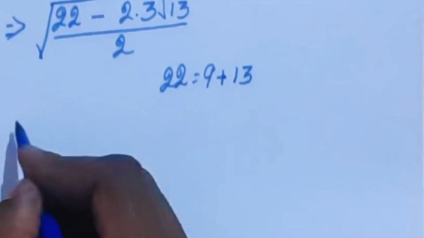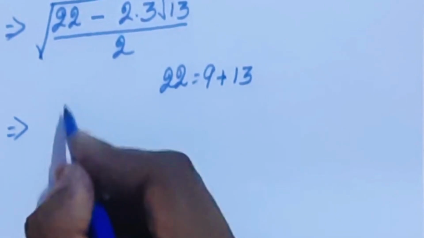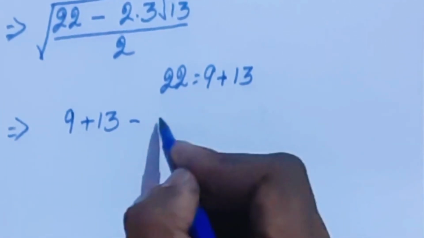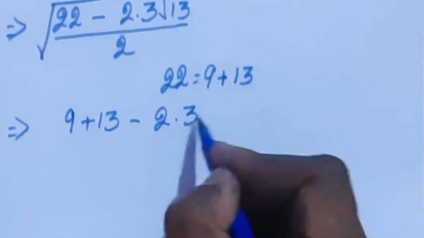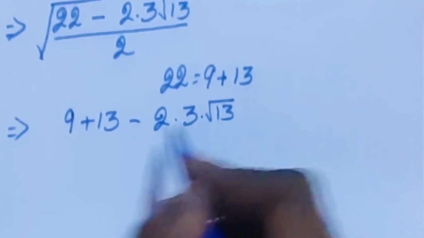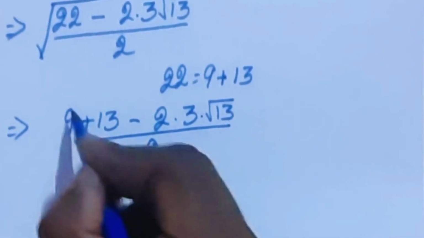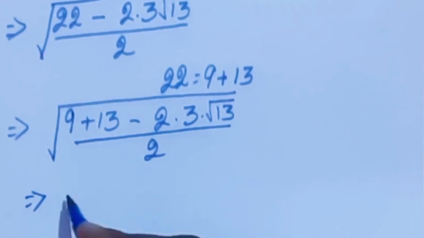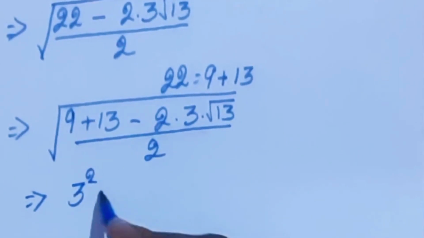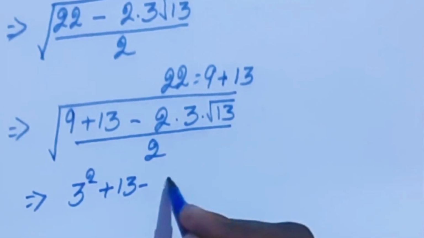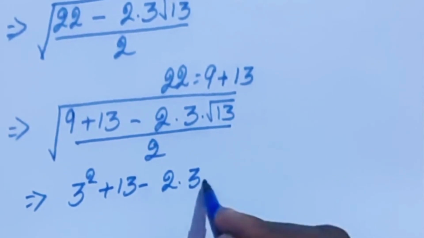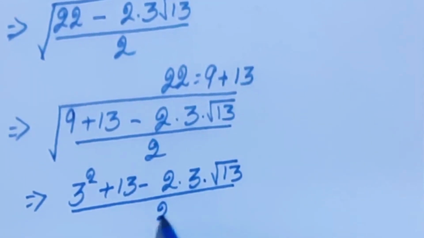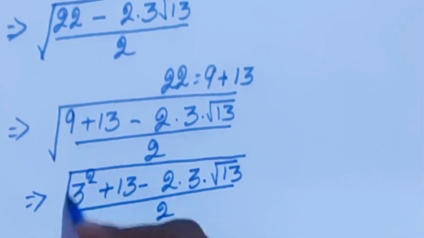So applying this, 9 plus 13 minus 2 times 3 times square root of 13, whole divided by 2, in whole square root. Now this 9 can be written as 3 square plus 13 minus 2 times 3 times square root of 13, whole divided by 2, in whole square root.